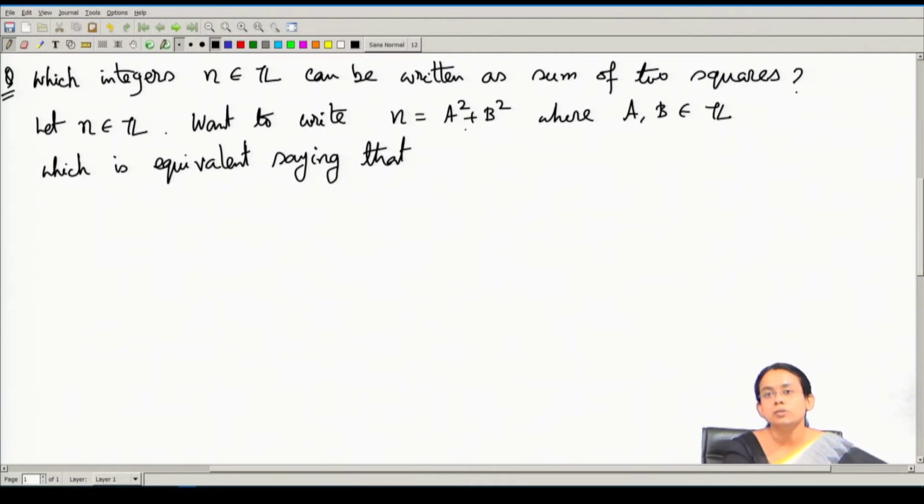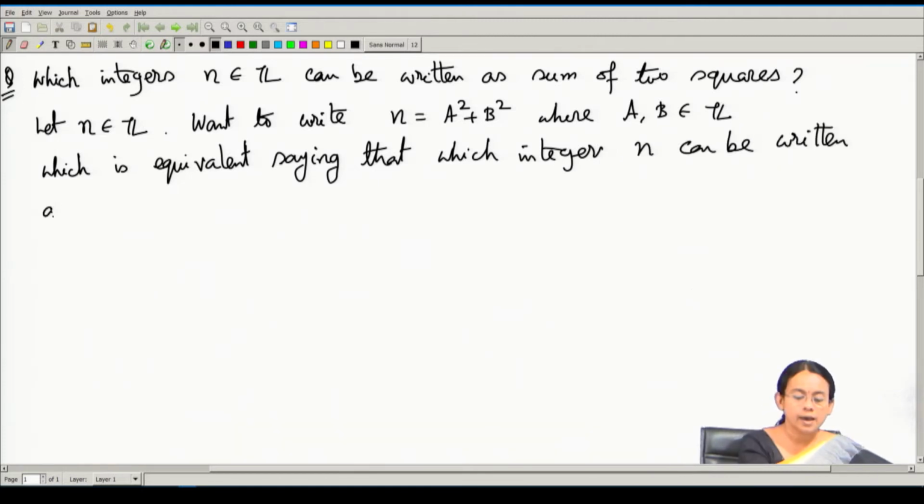Which is equivalent to saying: which integer n can be written as the norm of an element of the form a plus ib?